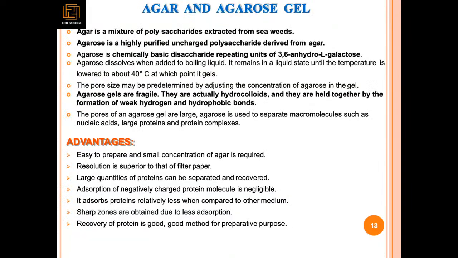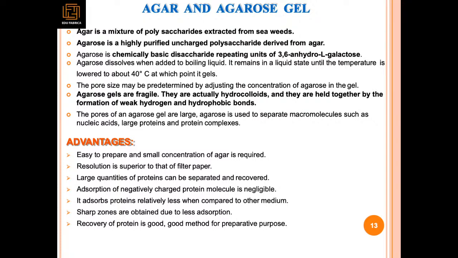Beyond that, what should we use, agar or agarose? Agar is a mixture of polysaccharides extracted from seaweeds, a highly purified uncharged polysaccharide. Agarose is a basic disaccharide consisting of repeating units of 3,6-anhydro-L-galactose.